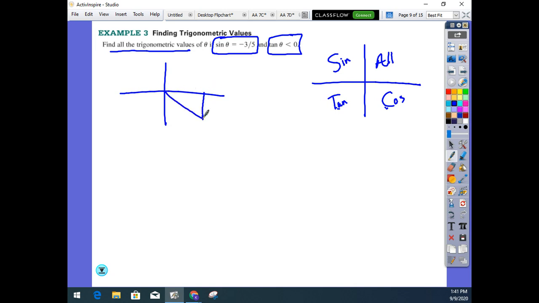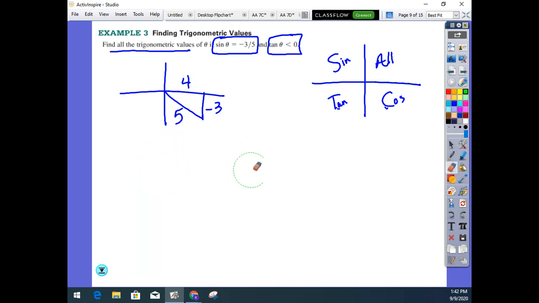So I'm going to draw a fourth quadrant angle. Sine is y over r. So that means y is -3, r is 5. When the hypotenuse is 5, this is just our 3, 4, 5 right triangle.